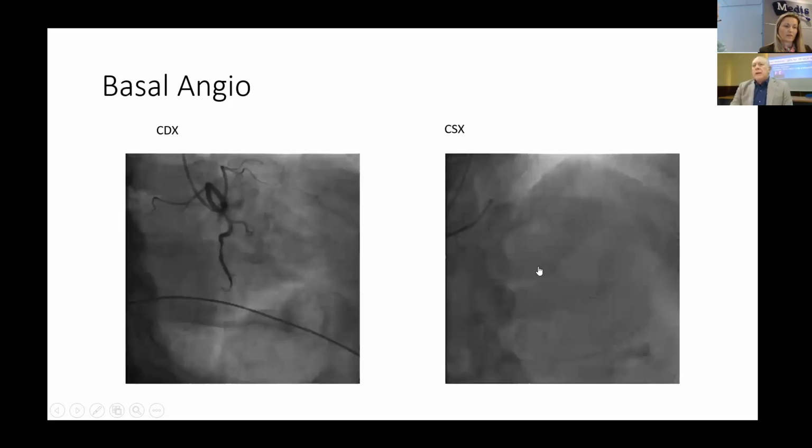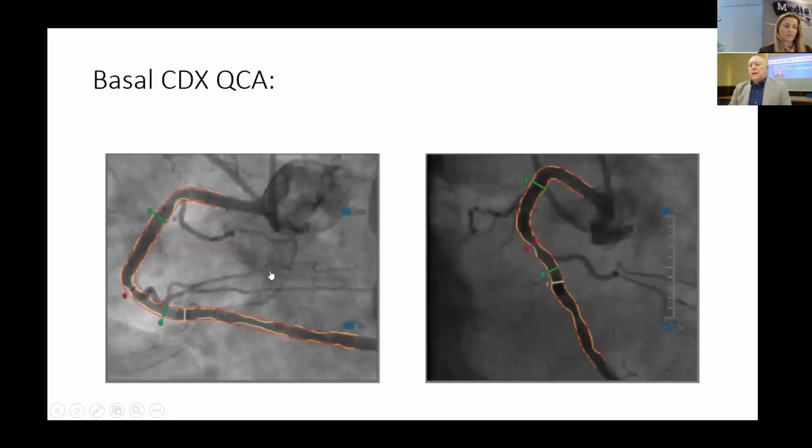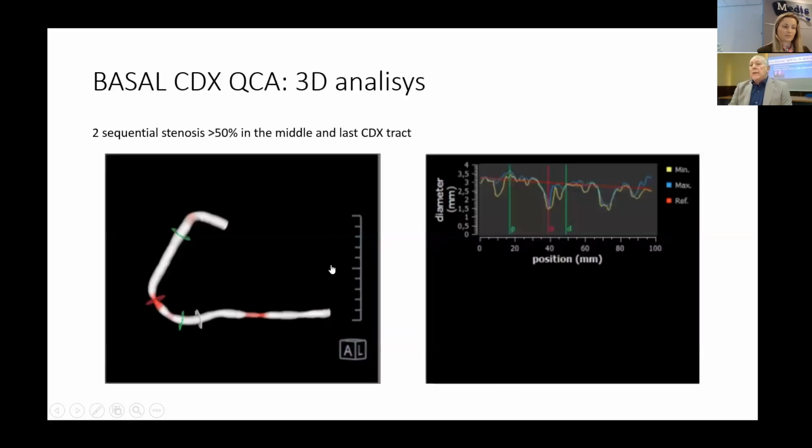This is the QCA, the basal right coronary artery QCA. This is done on 2 projections as Gerard showed you before. And you see here 3 stenoses, okay? And after the 3D reconstruction, here is the model that was reconstructed by the software, and here you get the graph of the single stenosis.